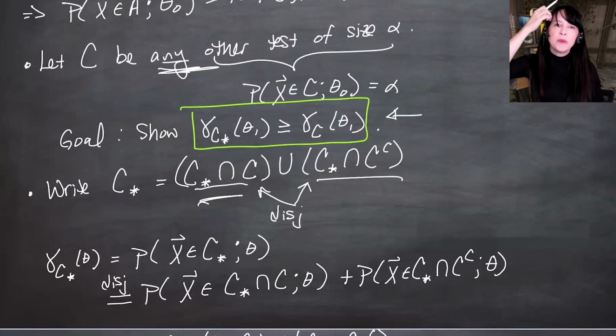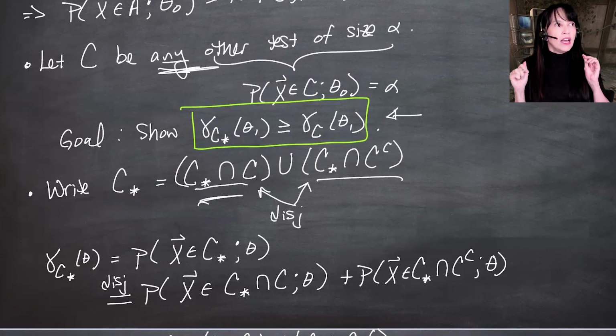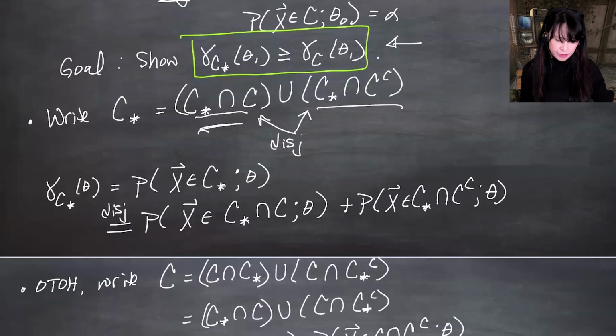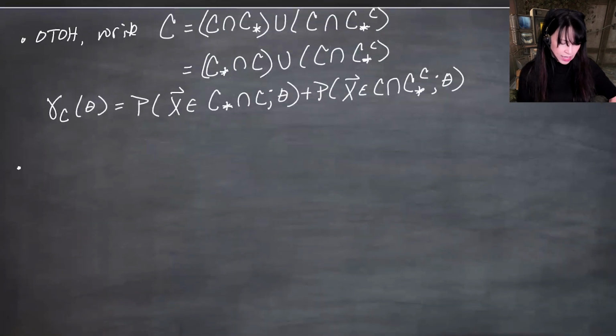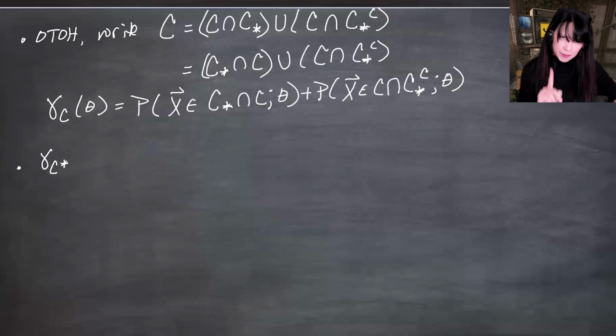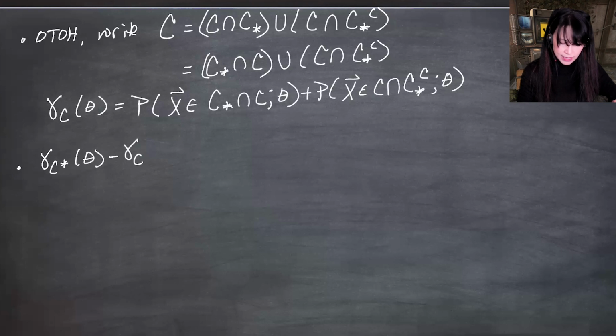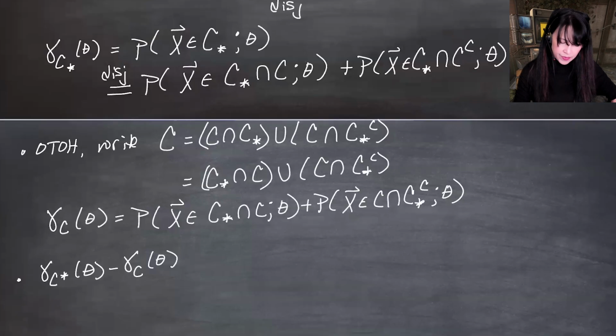I'm trying to show that the power function for the C star test when you plug in theta 1 is greater than or equal to the power function for the C test when you plug in theta 1. So I'm going to look at the difference. I am going to look at the power function for the C star test at a generic theta, minus the power function for the C test at a generic theta.